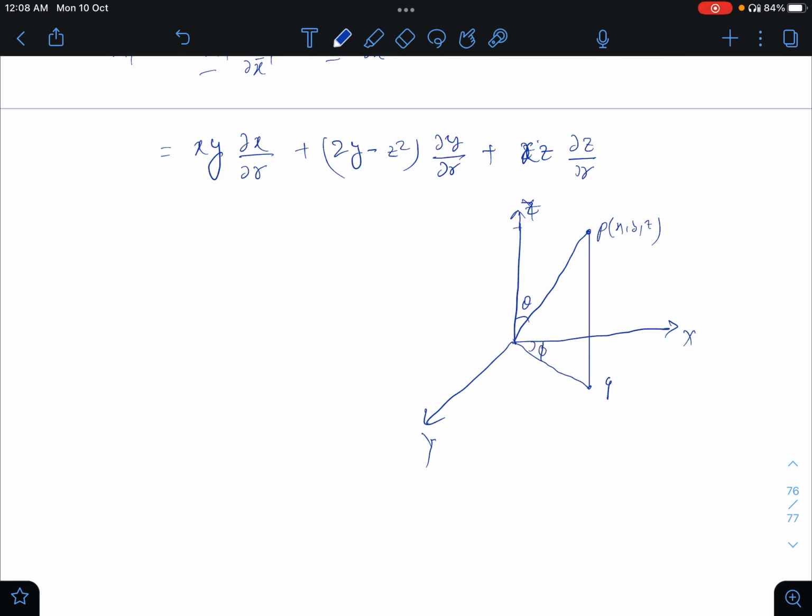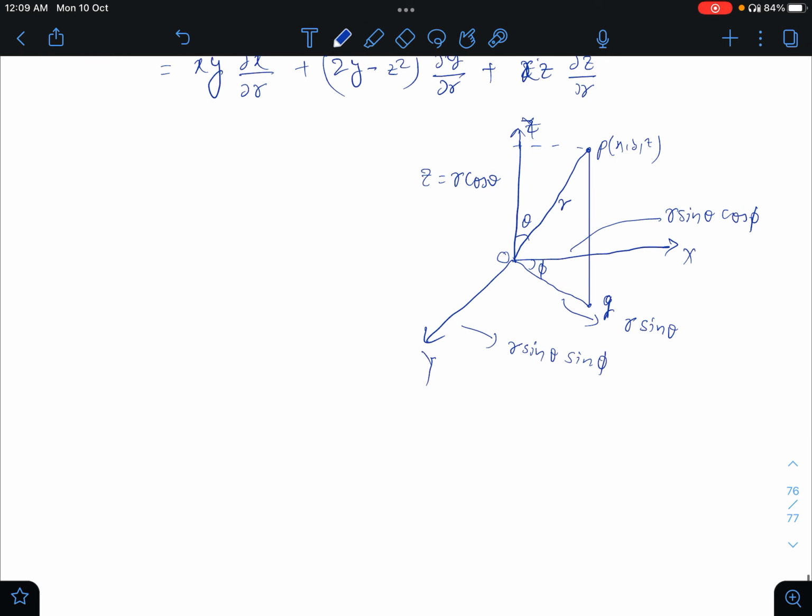Then its z component, letting OP be r, is z equal to r cos theta. And OQ will be r sin theta. So its x component will be r sin theta cos phi, and the y component will be r sin theta sin phi.